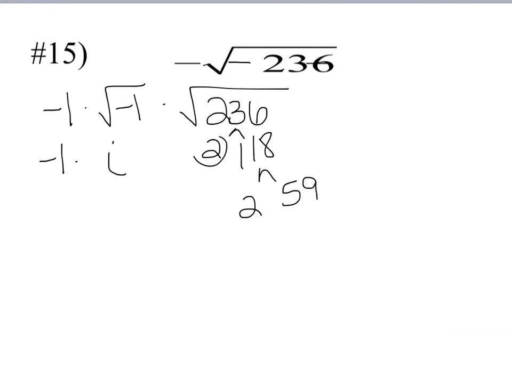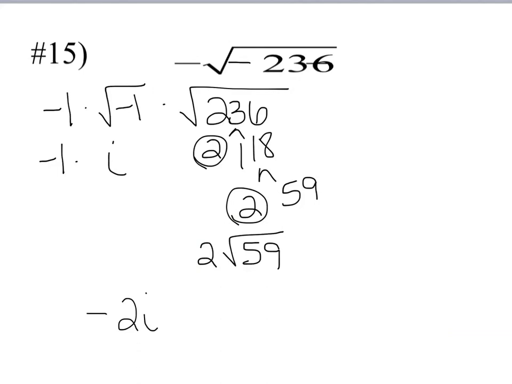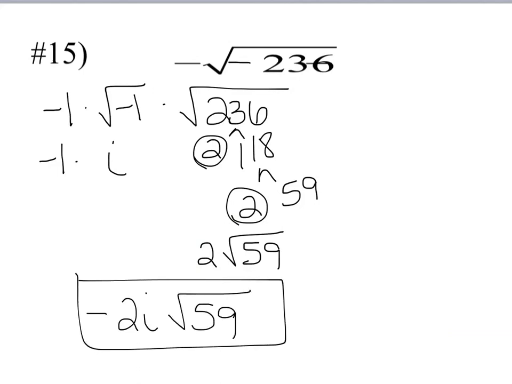And 59 can't actually go any further. So I'm going to take the 2 out front and leave the 59 inside. So I have negative 1 times i times 2 square root of 59. That gives me negative 2i square root of 59.